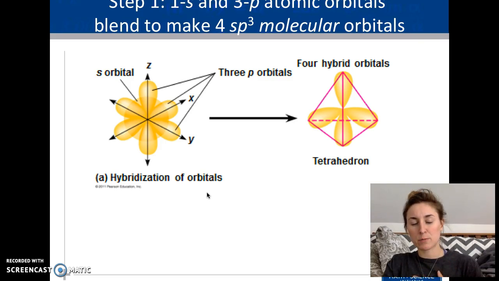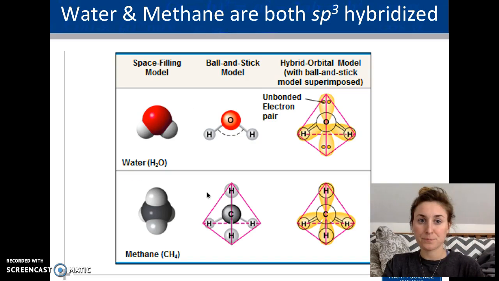If you don't remember, and we probably won't practice this too much, but if you don't remember how to set these things up, we can talk about it in class, how to go from the number of electrons and bonding to figuring out its shape. Because I did teach chemistry before this, so I'm not great at it by any means, but we can talk about it if we need to.